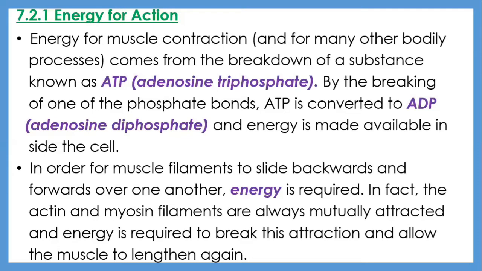And a second phosphate compound known as creatine phosphate acts like a backup energy store to recharge the ADP to ATP. And in order for muscle filaments to slide backwards and forwards over one another, energy is required.